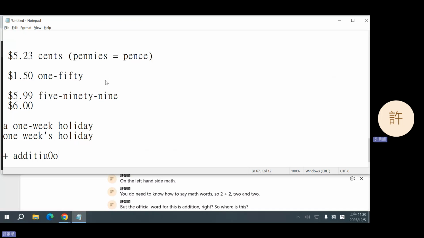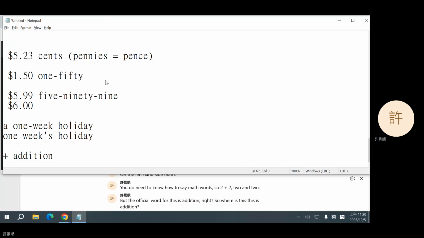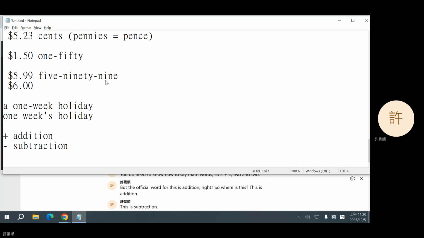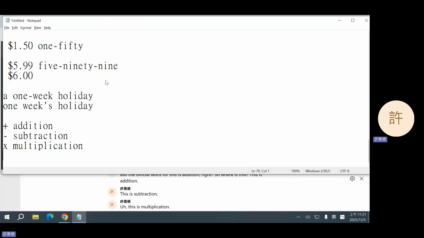This is addition. This is subtraction. This is multiplication. And I can't type the dot space dot line dot thing. Yes, I can. This is division.